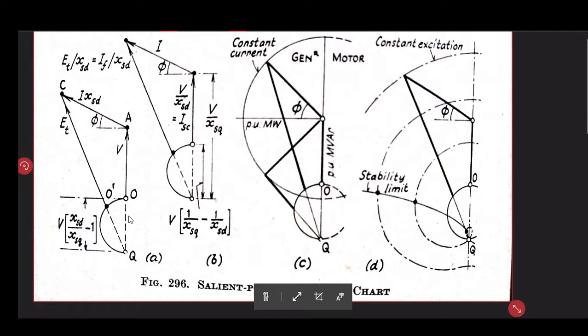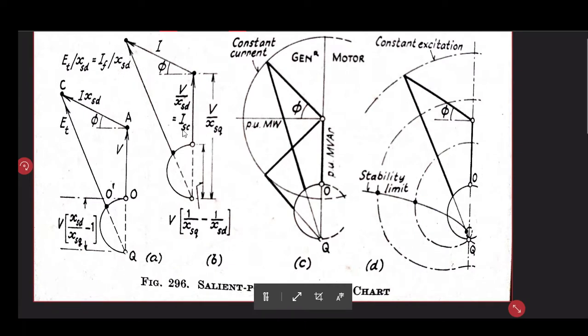As long as we cannot have them equal, we can't have this equation. These two equations are actually identical, just here all sides of this phasor are divided by Xsd.